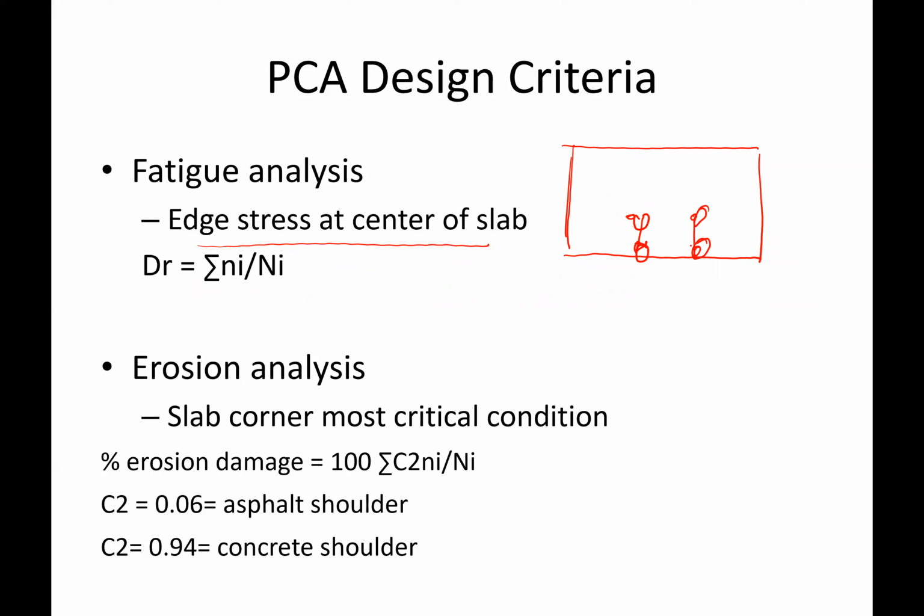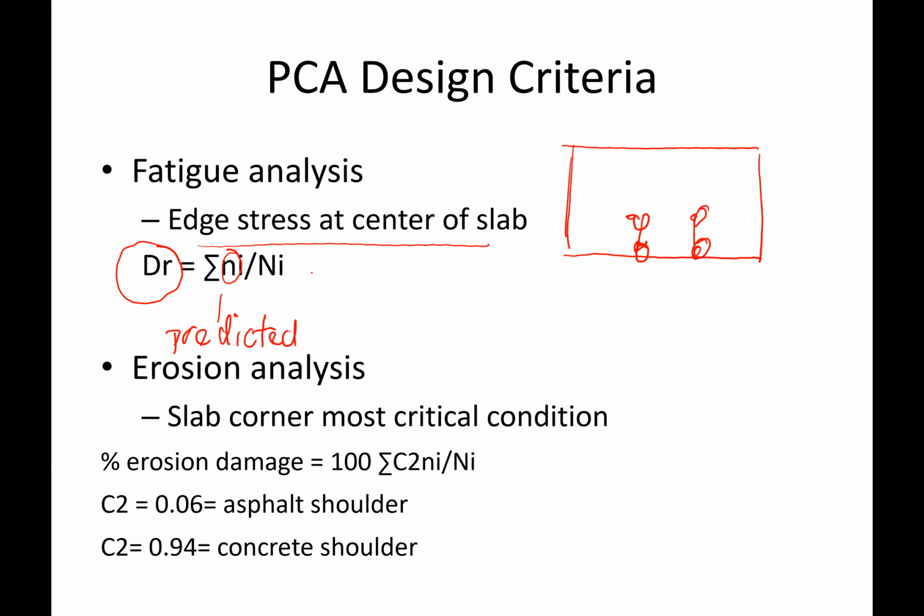Okay, so for the fatigue analysis, you calculate what you call the damage ratio, the damage ratio due to the fatigue failure. Ni is the predicted allowable load repetition.